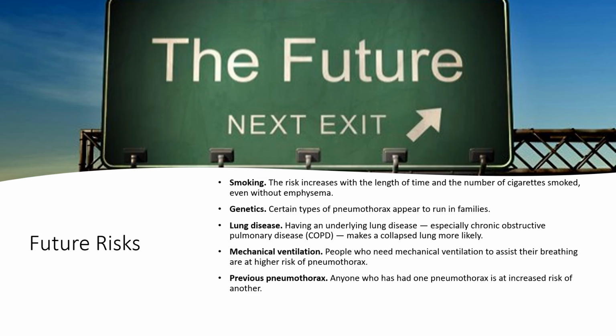Obviously, you have a disease or something along those lines if you need ventilation to help you breathe, and that means your lungs aren't as strong as they should be, and you're at higher risk. And like I said in the prior slide, previous pneumothorax. If you've had pneumothorax before, you're at an increased risk to have another.